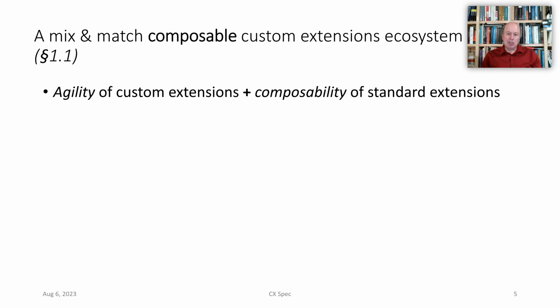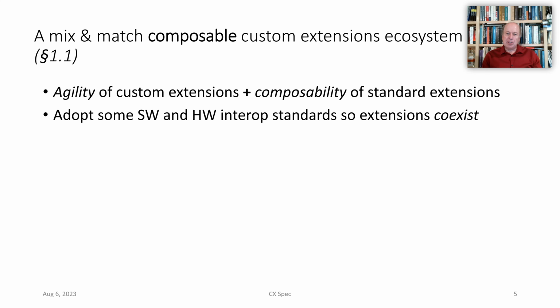Instead, our specification enables and anticipates an ecosystem of mix-and-match composable custom extensions, where each combines the agility of custom extensions with the guaranteed correct composability of the standard extensions. This will require that we adopt common software and hardware interoperation interfaces so that our custom extension solutions can coexist together within one system.